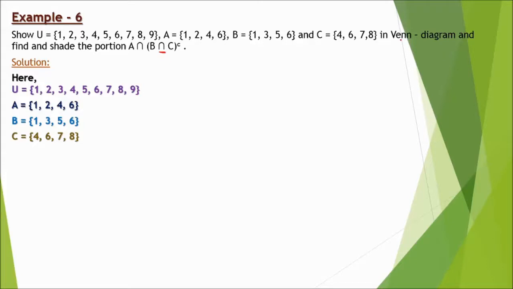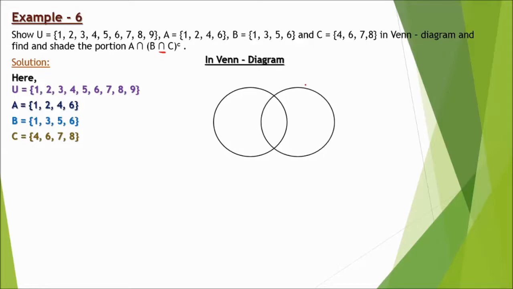Okay, in the Venn diagram. Now we have to draw the overlapping diagram in this way, and another set also this way. First we have to fill this region here. This region must be filled. This region belongs to that element which is common to all the 3 sets.